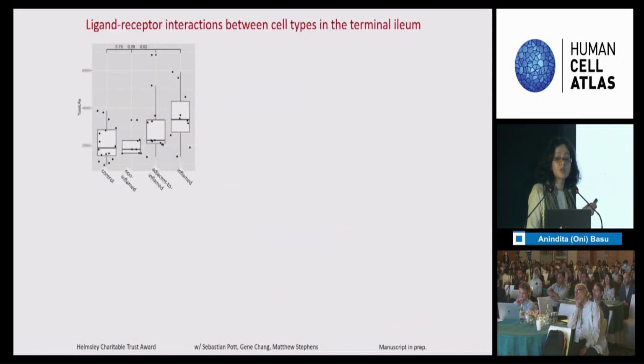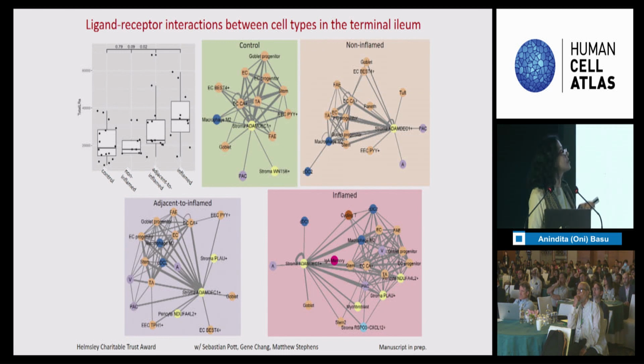Another thing that we are doing, because we do have disease cases, we are looking at the number of interactions, number of DE genes that we can find from control regions, from samples that are not inflamed, samples that are adjacent to inflamed, and samples that are actively inflamed. We can then draw cell-cell communication networks, and we do indeed find that as the inflammation status goes up, the number of interactions go up, kind of monotonically.